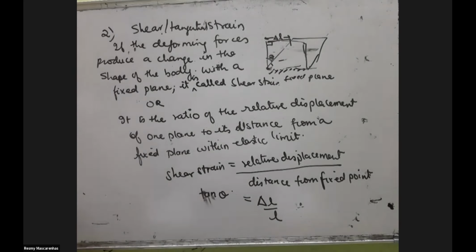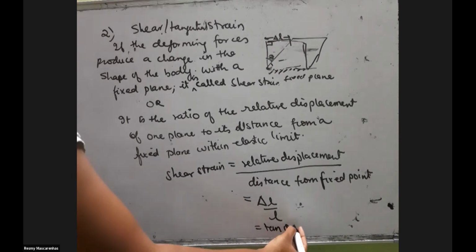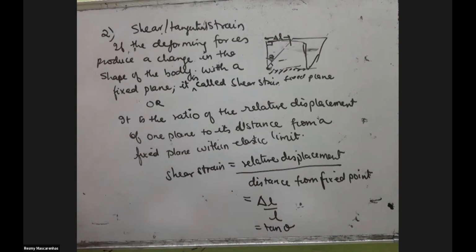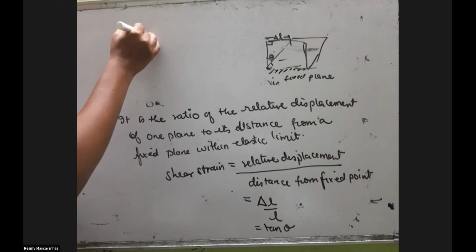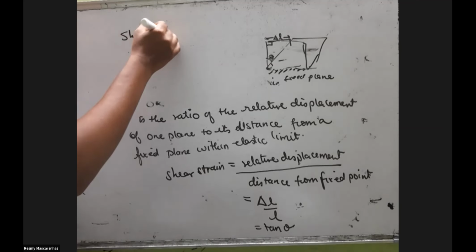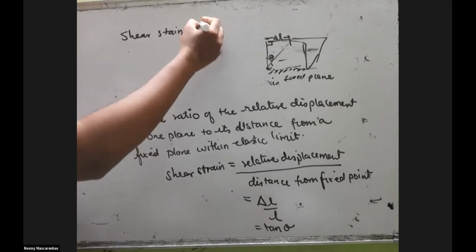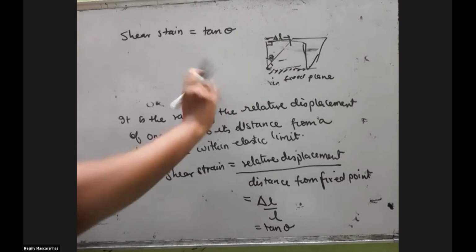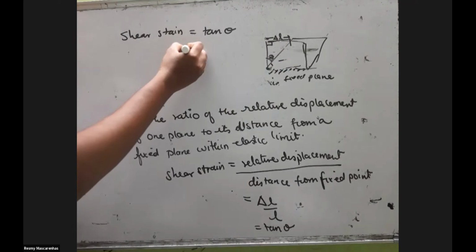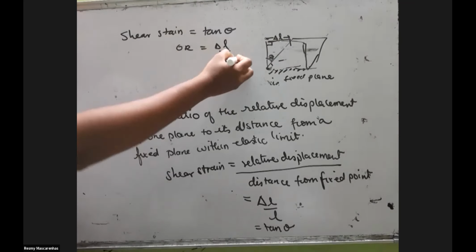It is also equal to tan theta. You can write like this. So your strain formula is what? Either in terms of angle, if you know it, then you use this formula. In terms of length, if you know how much it has got displaced, then you use this.